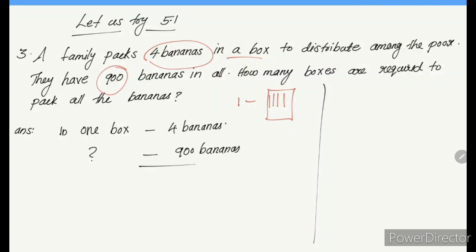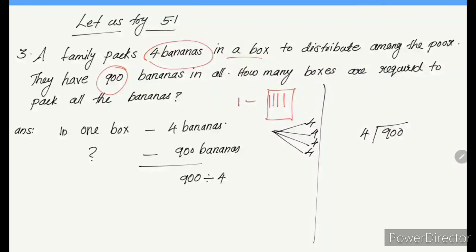Okay, for that we can divide. Total 900 is there. That 900 bananas we want to distribute equally, 4 bananas each. When we want to distribute equally, that time we use division. Total number divided by the number for one box. So 900 divided by 4.